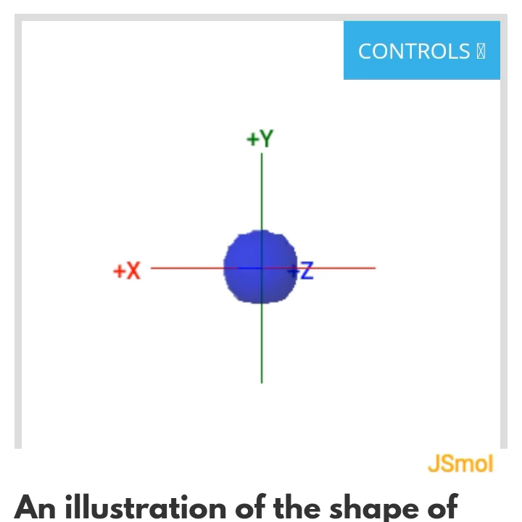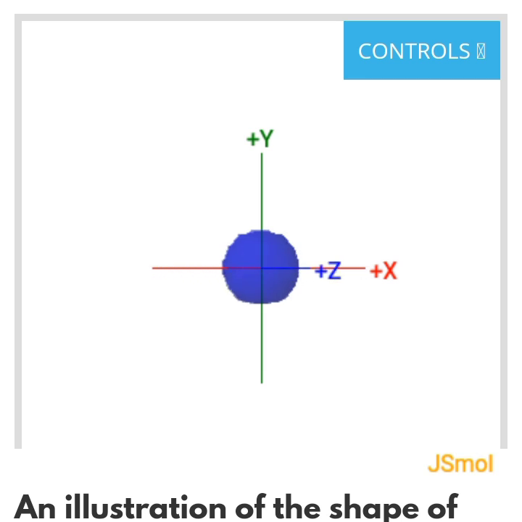So the distribution of the electron in a wave, where the probability of finding the electron is maximum, is called the orbital. So we can say that the orbital is a 3D region around the nucleus of an atom where the probability of finding the electron is maximum.